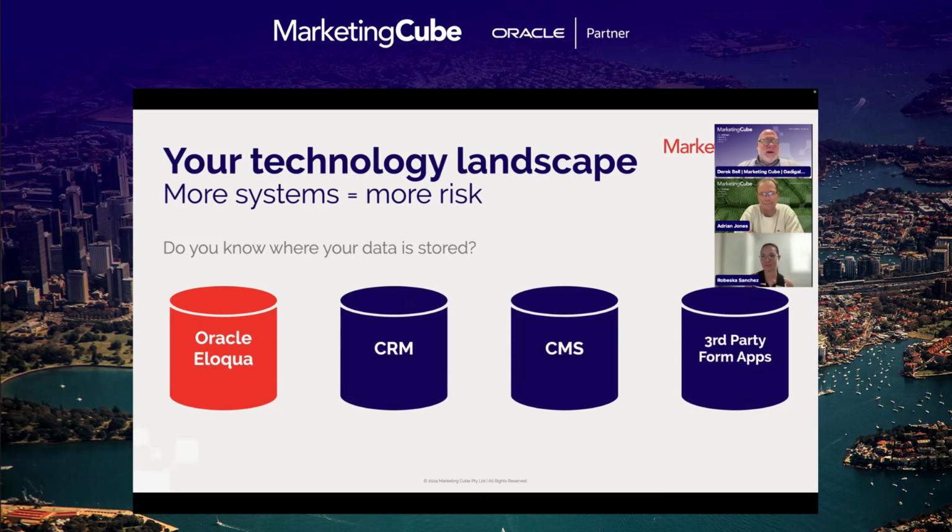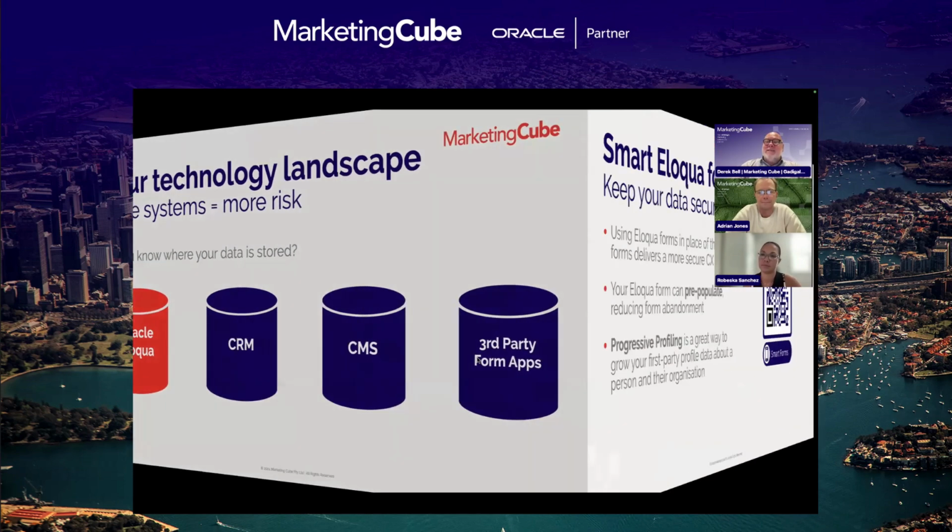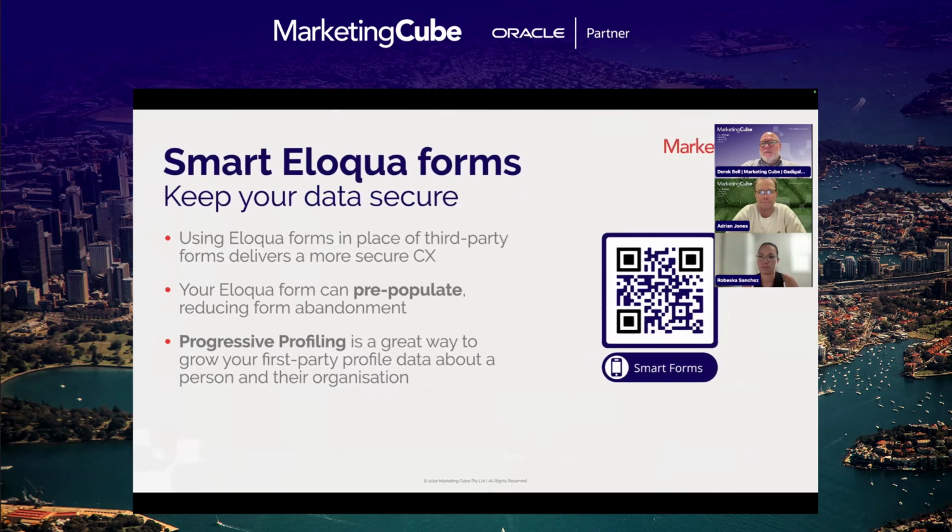But what about that third-party form app? I wonder where that's hosted. Yes, you've added it to WordPress. That's great, but I wonder where it's actually going to be stored. Essentially, more systems equals more risk. And in an environment, certainly in the Australian market, and I'm sure it's the same in the US, customers are getting very wary about their data and where their data is stored, and people's access and the bad actors that we have out there that are doing some nasty things.